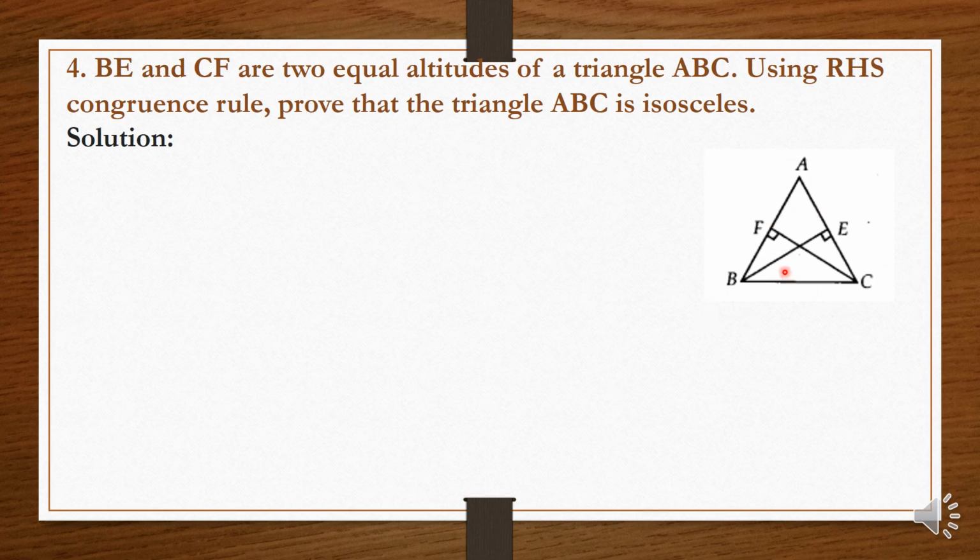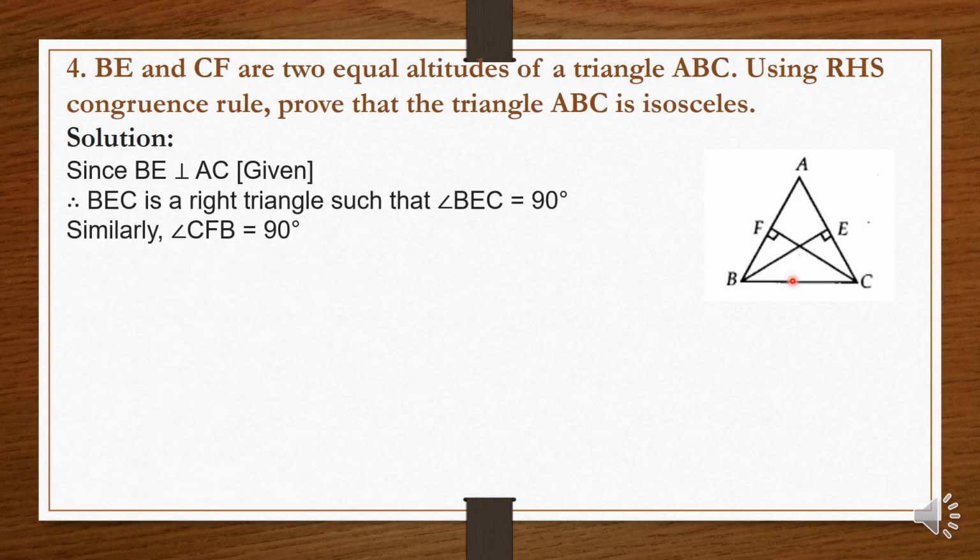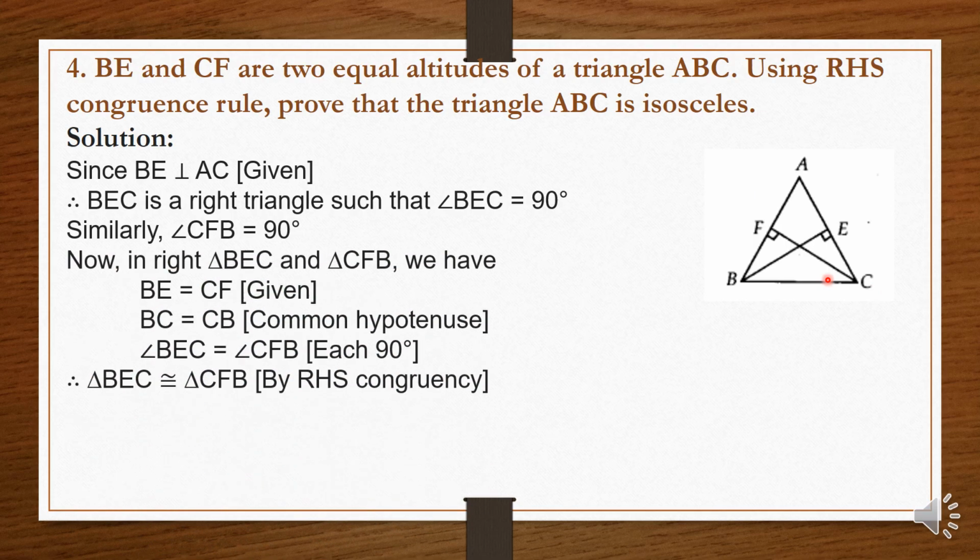So let's see, we are choosing these two for the sum. Now, since BE is perpendicular to AC, therefore, we can say that it is a right angle. In the right angle triangles BEC and CFB, we can see that BE is equal to CF, BC is a common side, and these two angles are equal.